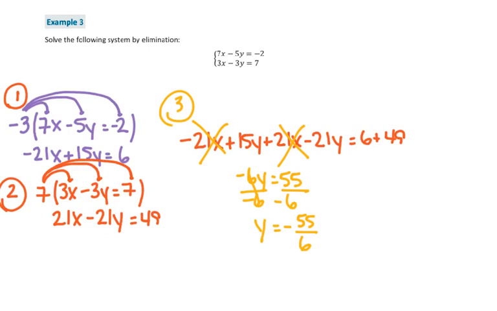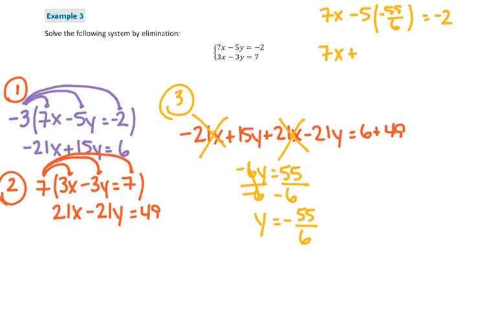So I'm going to plug it back into 7x minus 5y, so multiplied by -55/6, equals -2. So I now have 7x plus, because -5 times -55 is positive, 275.